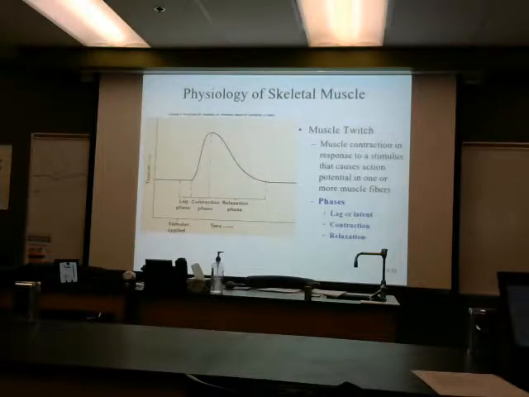So when looking at what takes place with this muscle cell, and we have the nerve that's innervating it, we get an impulse, all those activities get started.